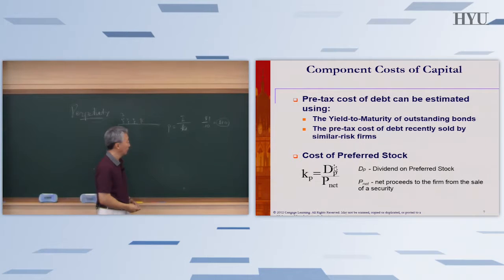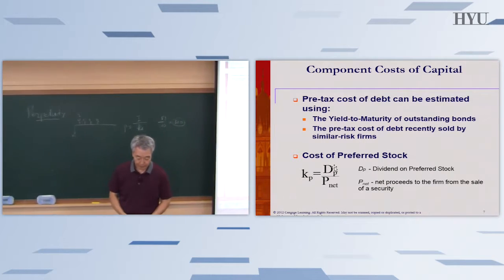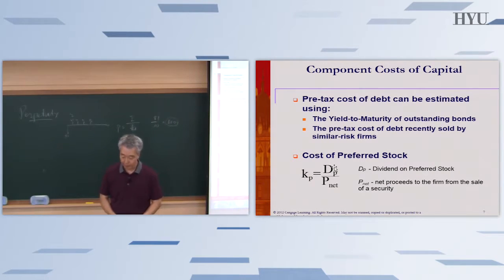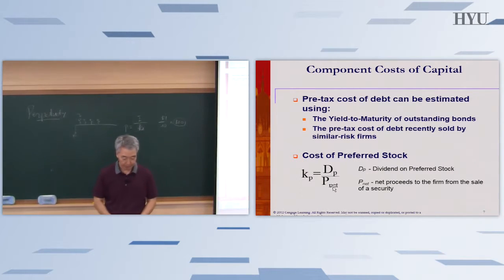And if you think about it, that makes sense. If you invest $10 expecting a 10% annual return, then every year you expect a $1 interest payment, and that can go on forever. So based on that, we have the same idea. The cost of preferred stock can be derived from this equation.